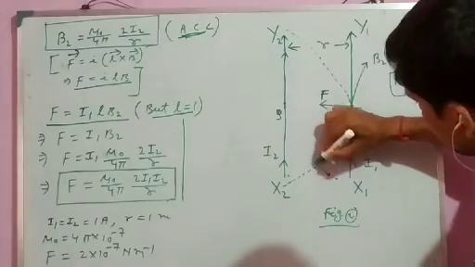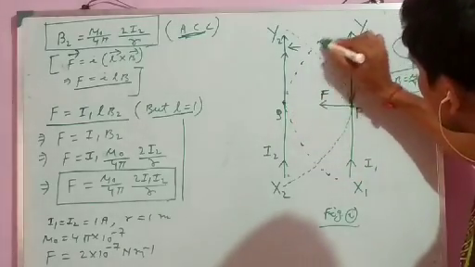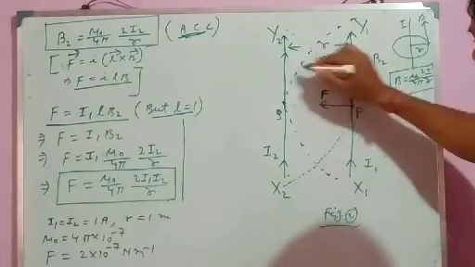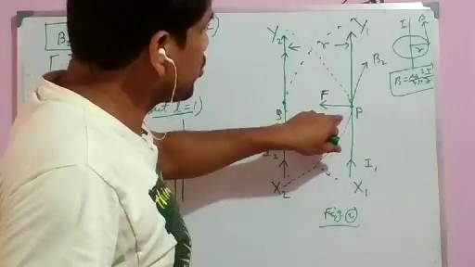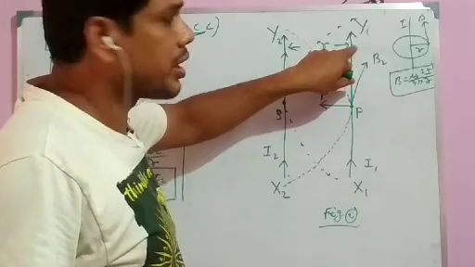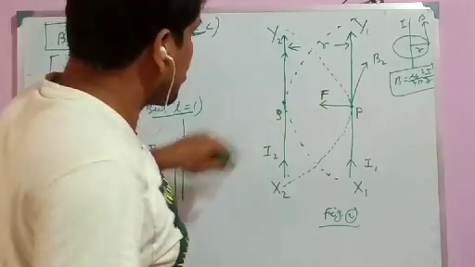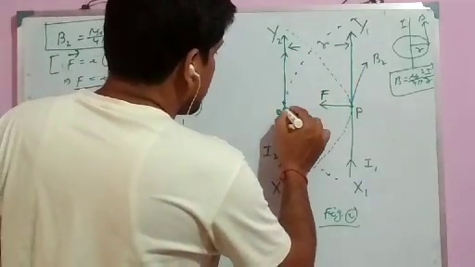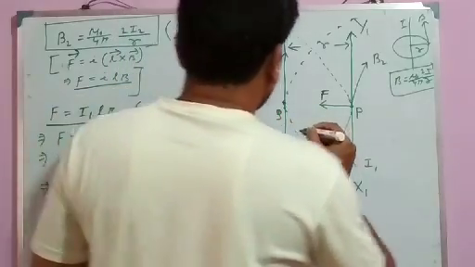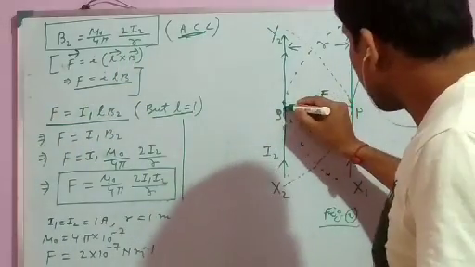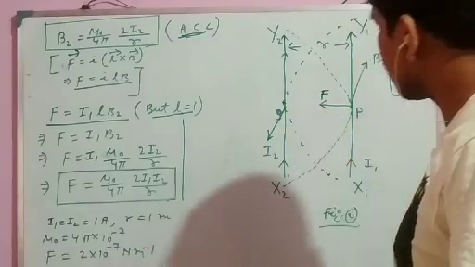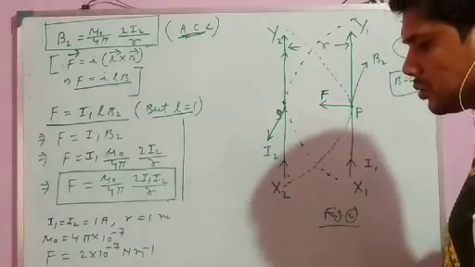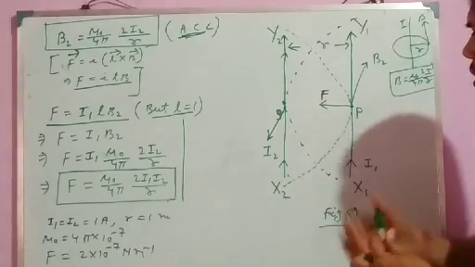Now if we proceed in a similar way, we have to draw a circle. The magnetic field produced due to this X1 Y1 current carrying conductor at point Q will be along which direction? This is the observation point, and the field is along this direction. Now how to find the direction?